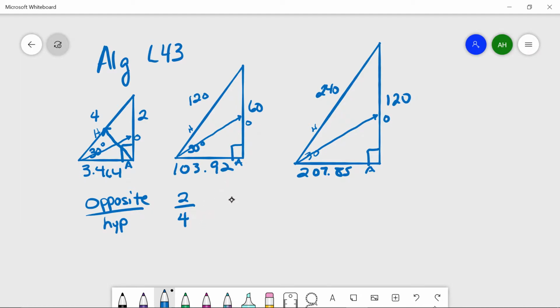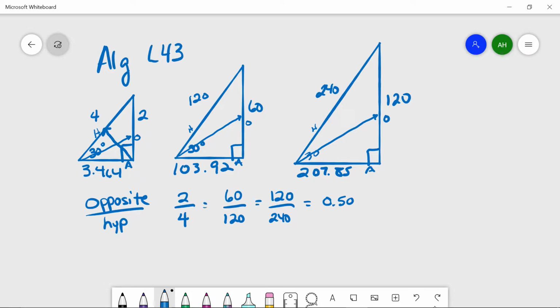Well, over here on this other triangle, I've got 60 divided by 120, which is also 0.5. And over here on this third triangle, I have 120 divided by 240, which is also 0.5. So all of these are going to equal the same thing. They're all going to equal 0.50.